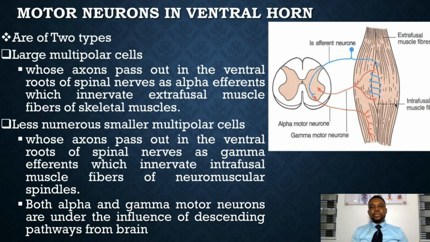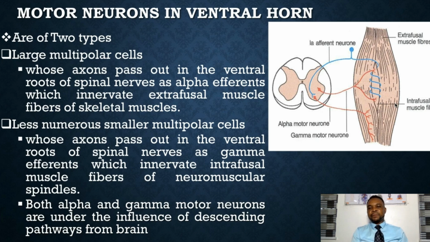Now, these motor neurons that are found in the ventral horn are of two types. We have the large multipolar cells, whose axons pass out in the ventral roots of spinal nerves as alpha efferents, which innervate extrafusal muscle fibers of the skeletal muscles. Then we have the less numerous, smaller multipolar cells.